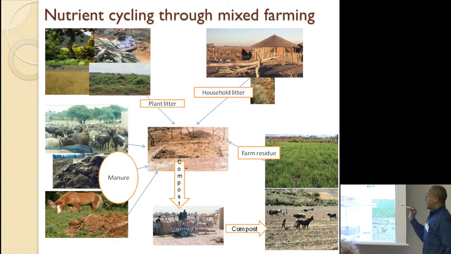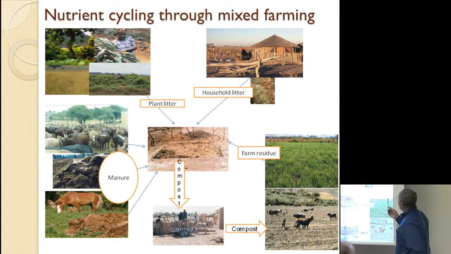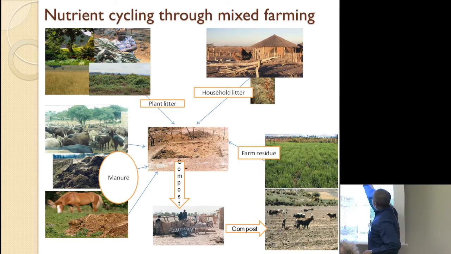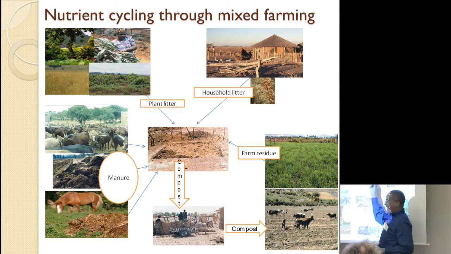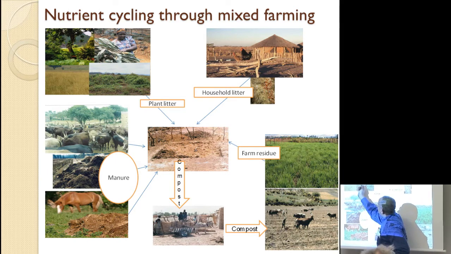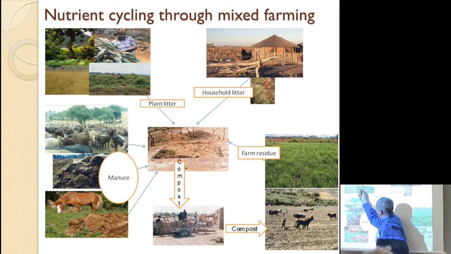Okay, then what we can see here is that smallholder farming is nutrient cycling. This is the home. You can bring the woman here mentally, but I put it for this purpose.